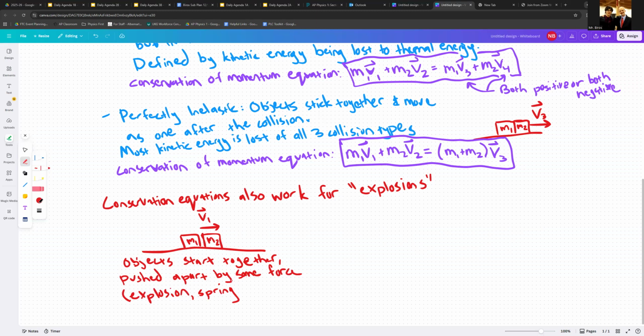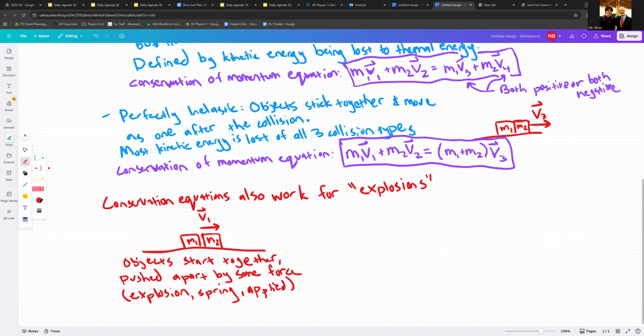Or a dog jumps off a skateboard. The dog and the skateboard are the two objects moving together, and then the dog jumps off. So this could just be an applied force. It doesn't really matter what force it is, because there could be a compressed spring between them that pushes them apart, or they just explode away from each other, or an applied force could be a possibility.